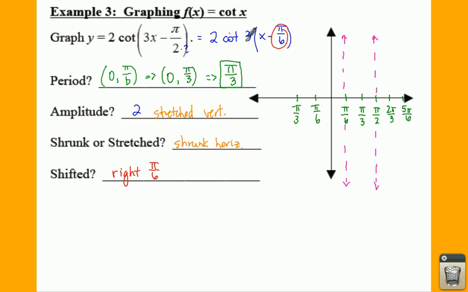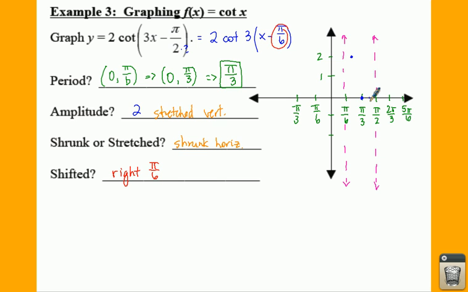So to graph this, we choose a point in the middle, pi over 3, and then halfway in between each of these values you would normally go up 1, or go halfway in between the two on the right and down 1. But we're actually going halfway between pi over 6 and pi over 3, and we're going to go up 2, because we have an amplitude of 2, so we are vertically stretching this graph.